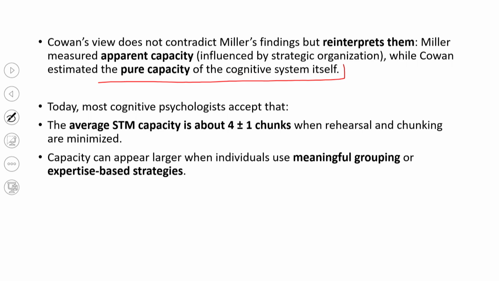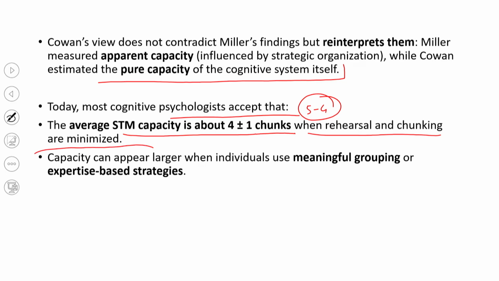Today most cognitive psychologists accept that the average short term capacity is about 4 plus minus 1 chunks. So, that means 5 to 4 chunks of information when rehearsal and chunking are minimized. Without rehearsing or chunking, the maximum capacity of short term memory could be 5 to 4 chunks of information.